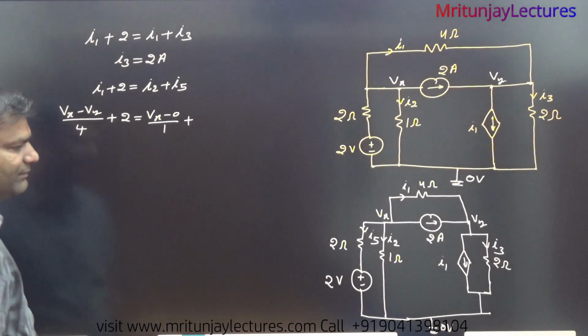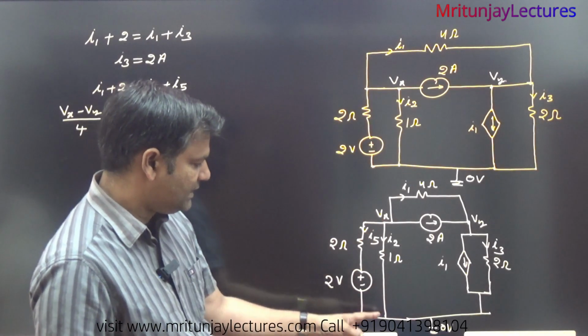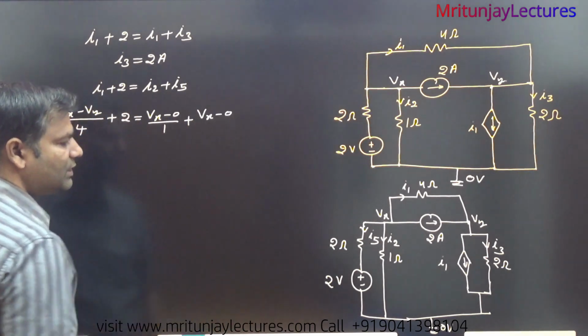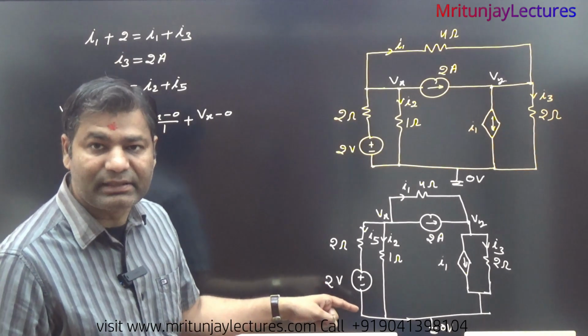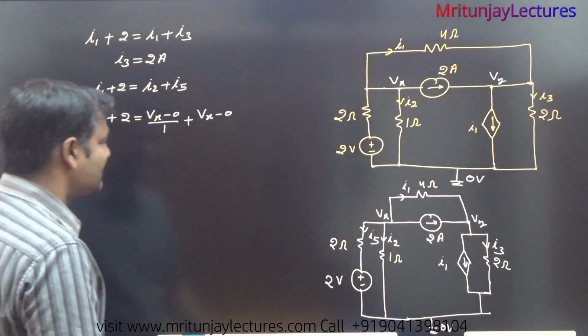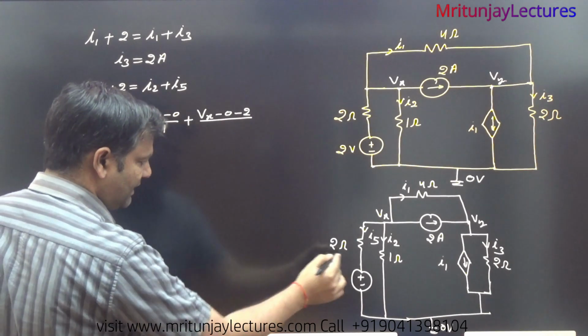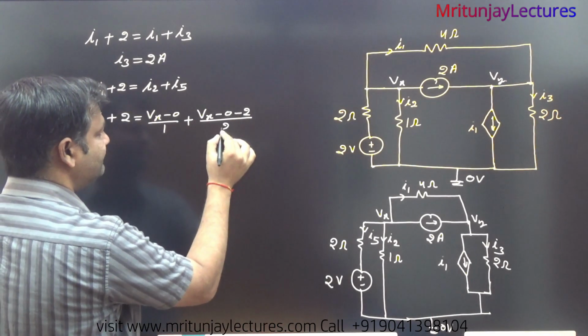And I5 is written as (Vx minus 0), the current leaves from the negative terminal, so minus 2, divided by 2 ohm.